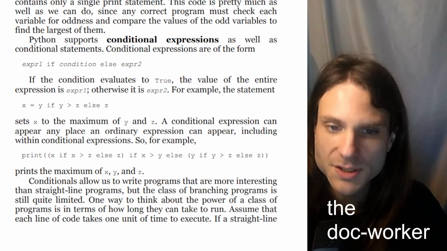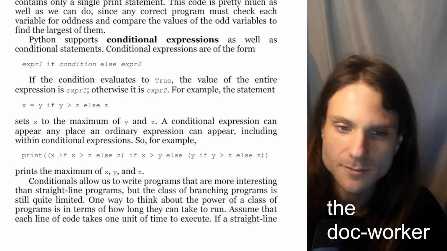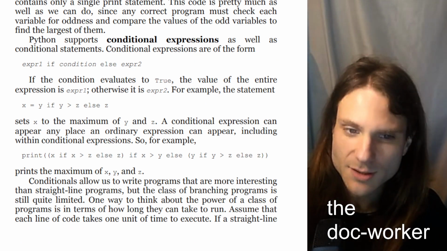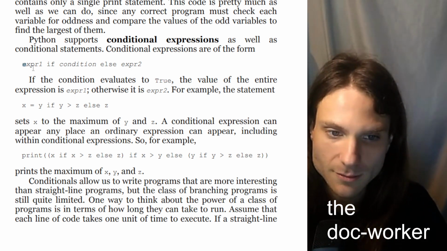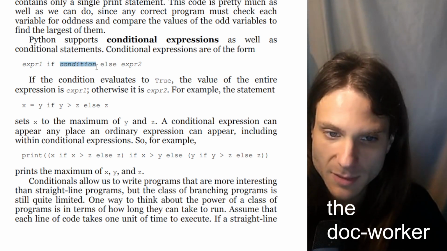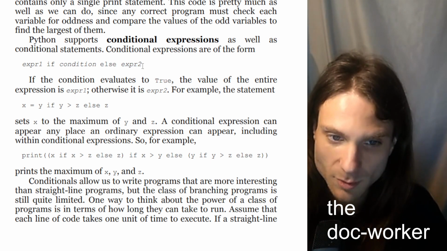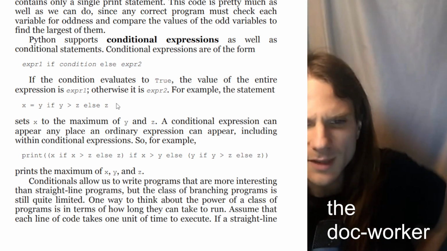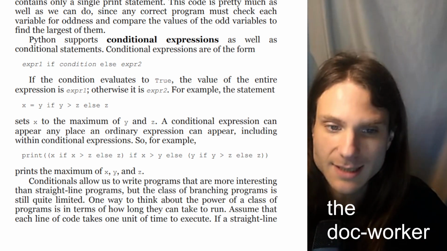Python supports conditional expressions as well as conditional statements. Conditional expressions are of the form: expression 1 if condition else expression 2. If the condition evaluates to true, the value of the entire expression is expression 1.